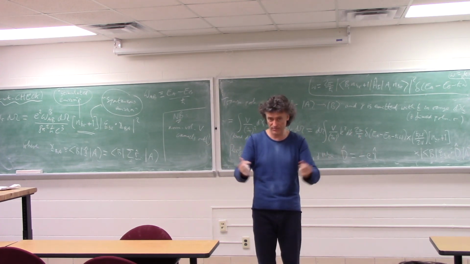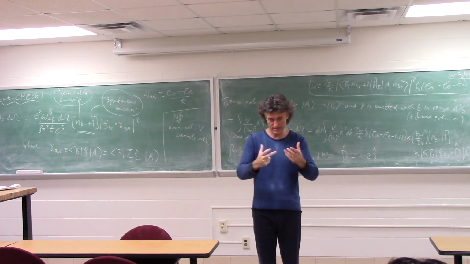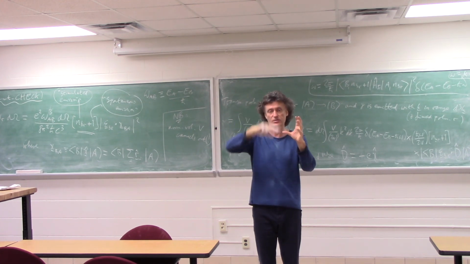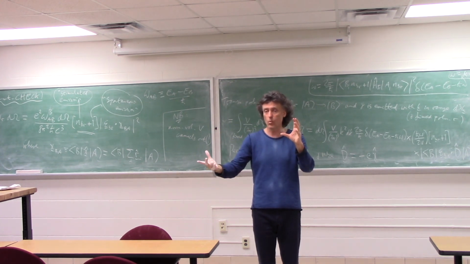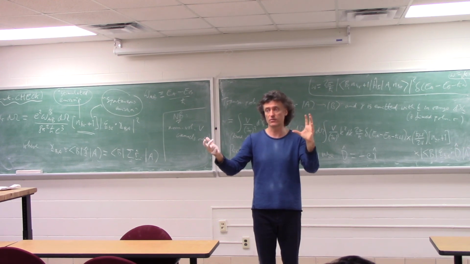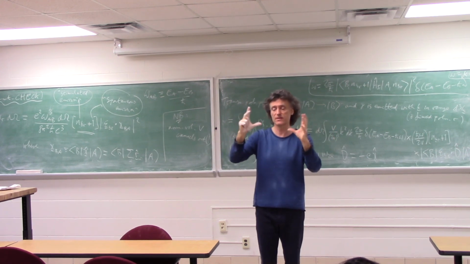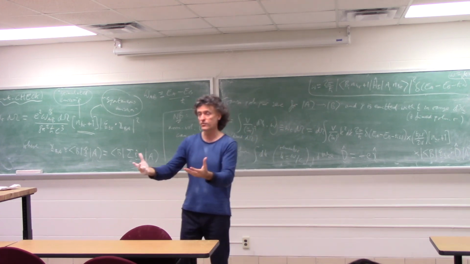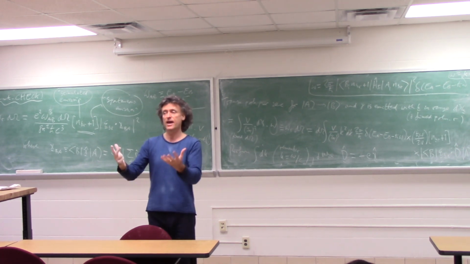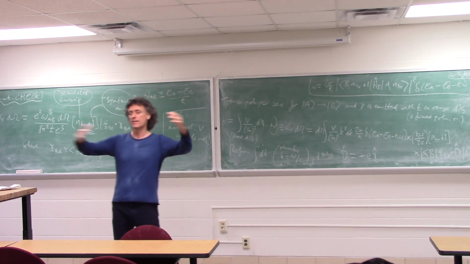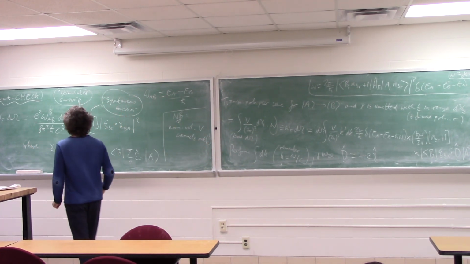Even if the electromagnetic field is in the ground state, in a sense there's still something there that the atom is interacting with, and the atom can make a transition to a lower state, and the energy of one mode of the electromagnetic field can increase. And that is what we call the emission of a photon. In this heuristic language, the atom has emitted a photon. What has really happened is the atom has lost some energy, and one of the modes of the electromagnetic field has gained that energy and is now in its first excited state. So now the atom is in a lower state, and there is a photon present.